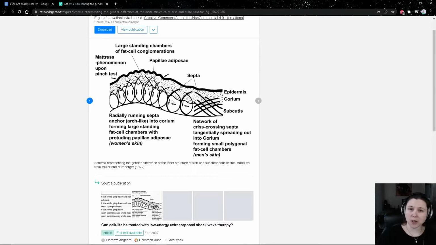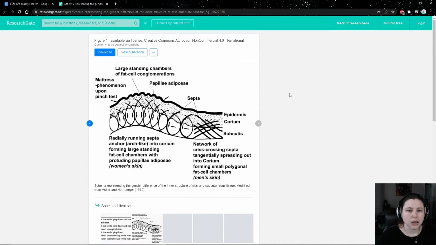However, I've also heard, though I didn't find anything to verify this, that this layering of the connective tissue, or the way that it's formed, is also partly the reason that women are softer to the touch than men are. I don't know if you've ever noticed that men tend to feel different upon palpation than women, but men tend to feel more, I guess, leathery, if that makes any sense.